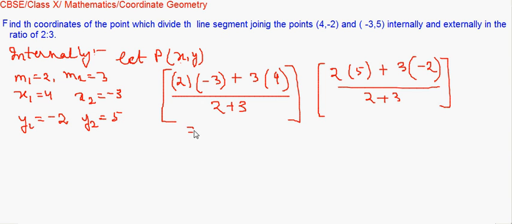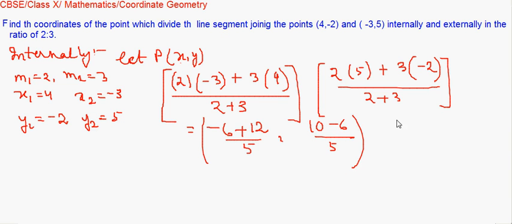Let us remove these brackets. I'm getting minus 6 plus 12 by 5, and here I'm getting 10 minus 6 by 5. So the coordinates become 6 by 5 and 4 by 5 when P is dividing AB internally.